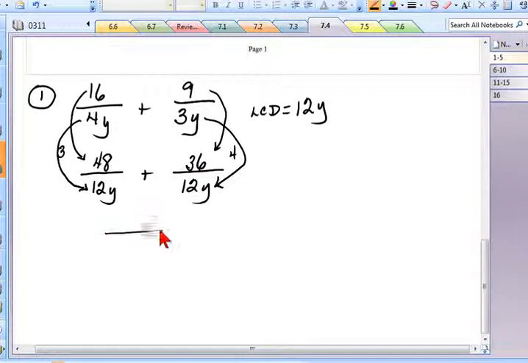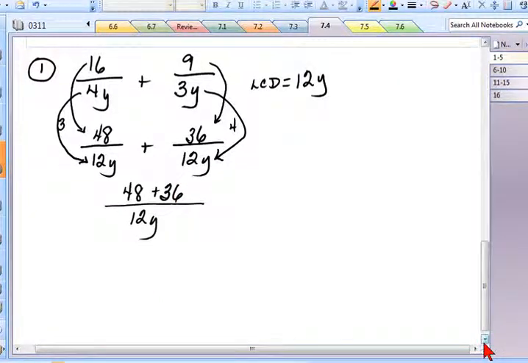Now, I have a common denominator, so I'll write down the 12y, and it's going to be 48 plus 36. You may choose to skip that step. I also did that one in 7.3, and if I add them together, what do I get? 84 over 12y.